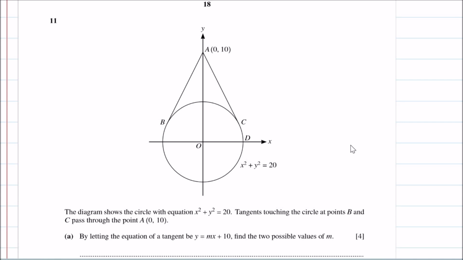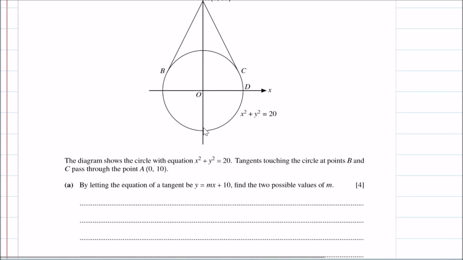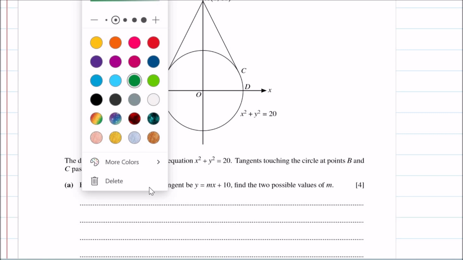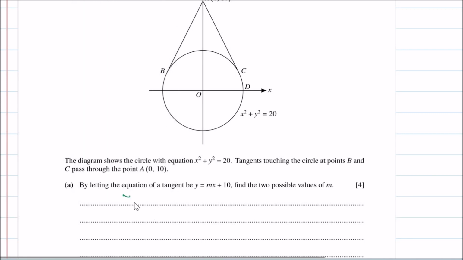As you can see here, the tangents are meeting the circle at a point, so at that point we can write them equal, meaning both have a common point. Let us solve it this way. We have y equal to mx plus 10, and the circle equation given is x square plus y square equal to 20.